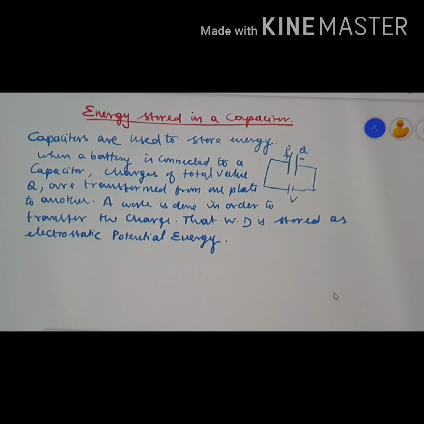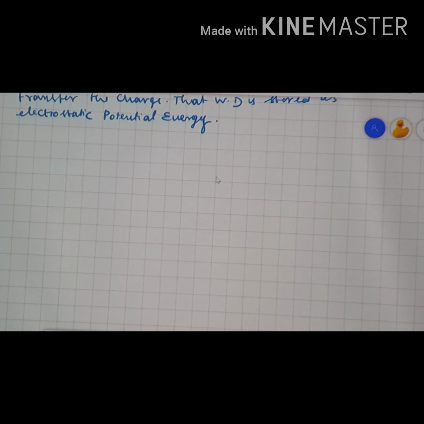In order to transfer those electrical charges from one plate to another, work is said to be done. That work done is stored in the plates of the capacitor as electrostatic potential energy.